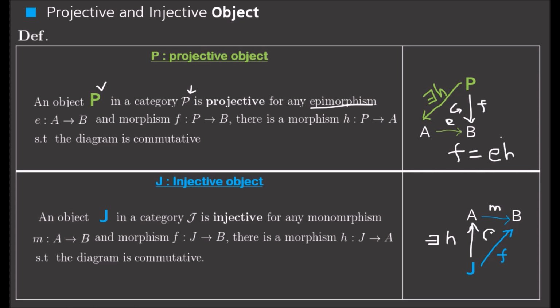This means the map F is the composition H after M. Then this object J is called an injective object.